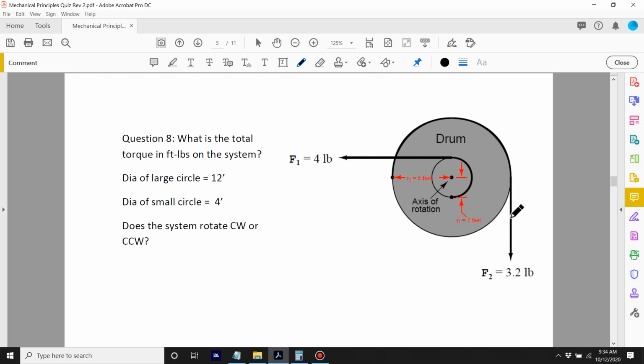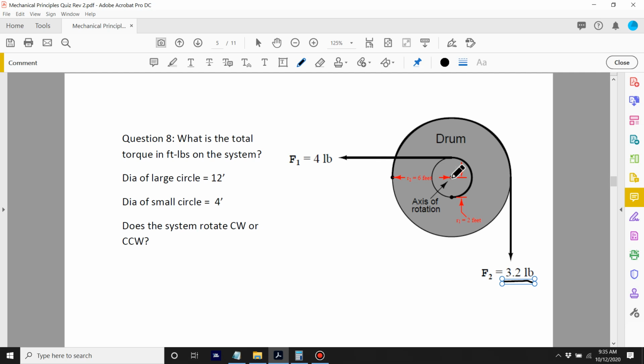The drum has a force of 3.2 pounds going in that direction. Now this is going clockwise, this is going anti-clockwise, and this is a force of 4 pounds. So basically these two forces are working against each other.